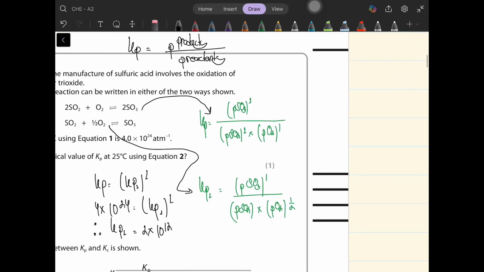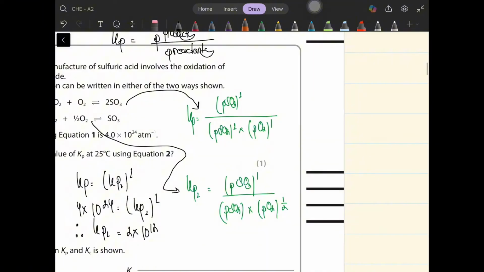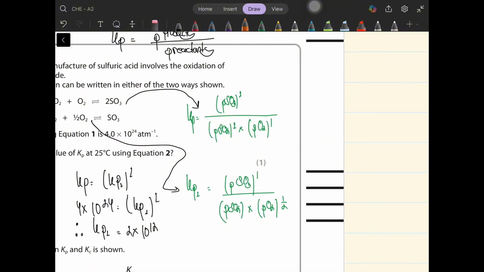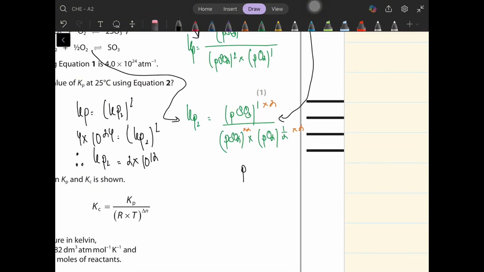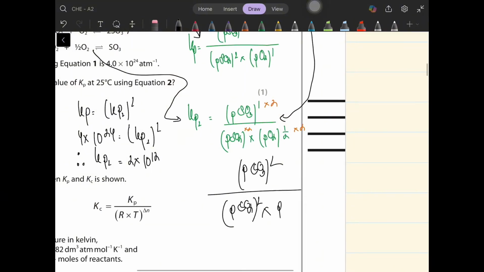Now we can clearly see one thing: if we multiply the power of this second Kp expression by 2, we can get the original equation. So if we multiply the power by 2, we get something like this: partial pressure of SO3 to the power 2 over partial pressure of SO2 to the power 2 times partial pressure of O2 to the power 1.